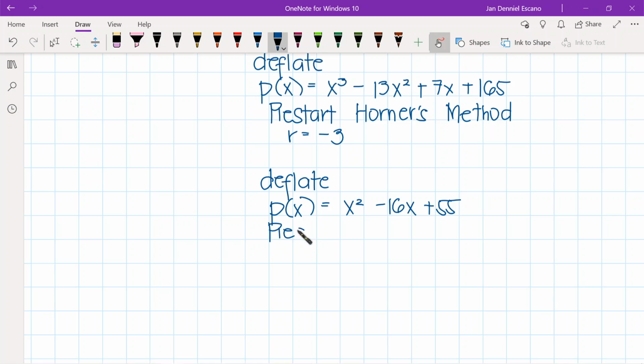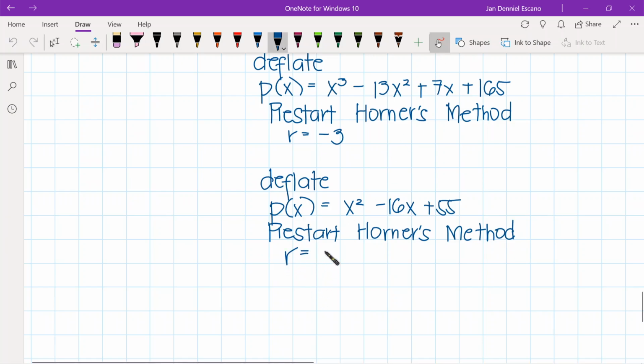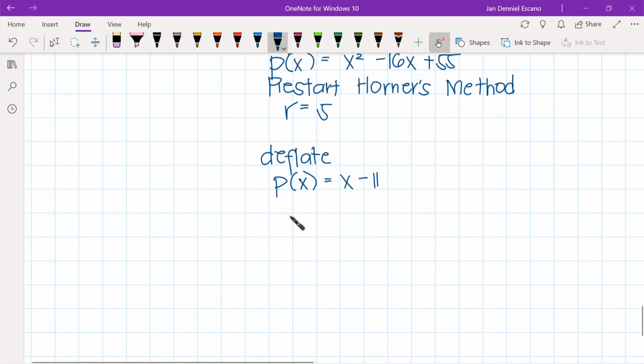Now, we restart Horner's method again until we find the root, which is 5. And now lastly, we deflate it again until we get a polynomial equal to x minus 11. You don't need to use Horner's method because it is obvious that one of the roots is equal to 11.